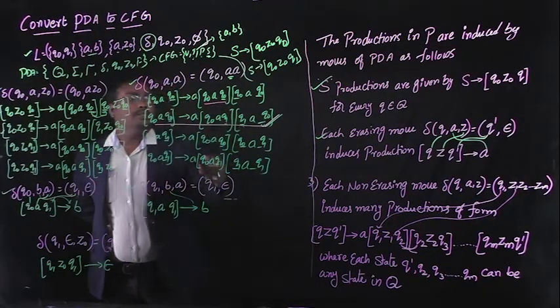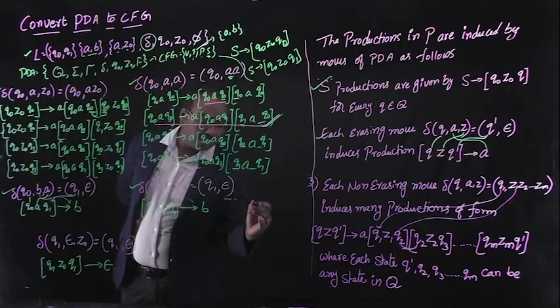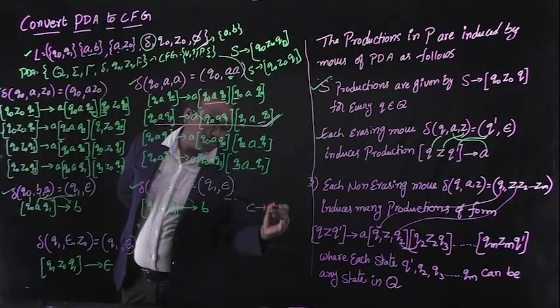It produces the same productions, for example like C tends to CA.